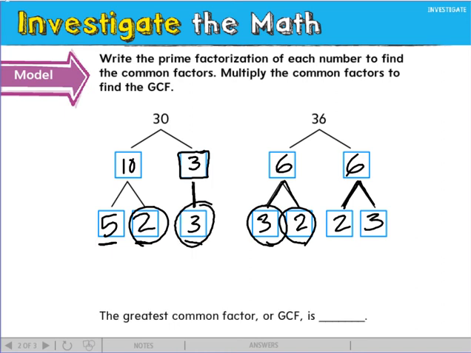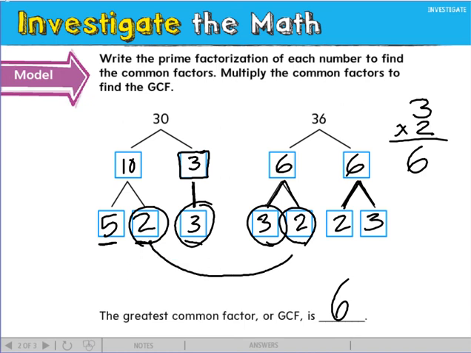I'm out of numbers over here, aren't I? Okay, so all I need is the 3 and the 2. So I have 3 times 2 equals 6. So my greatest common factor is 6. So, when you're doing factor trees, every time something matches, you pull 1 out.